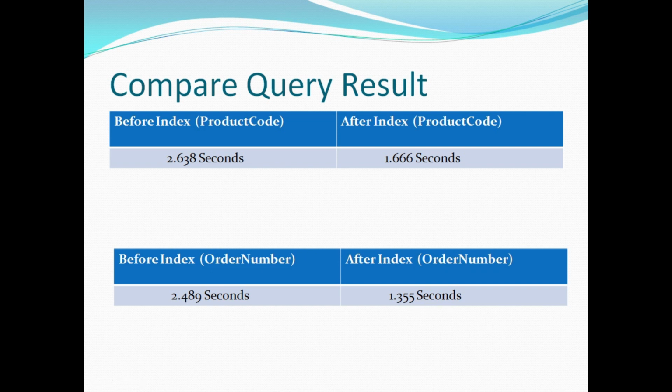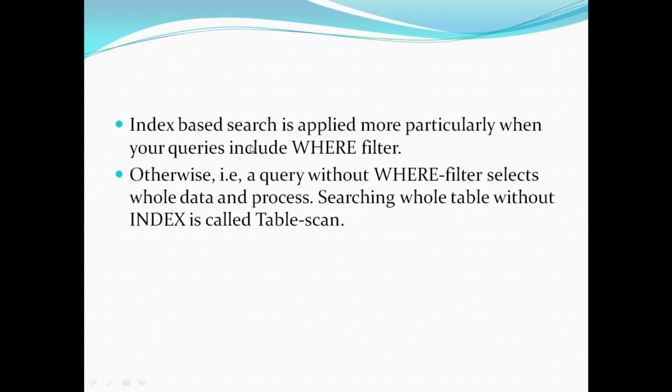Keep one thing in your mind: the query is very simple, we just select from the specified table. We did not write any where conditions or any other conditions to make more complex queries. If the query is complex, then the result will be different from this simple query. Index-based search is applied more particularly when your queries include a where filter.